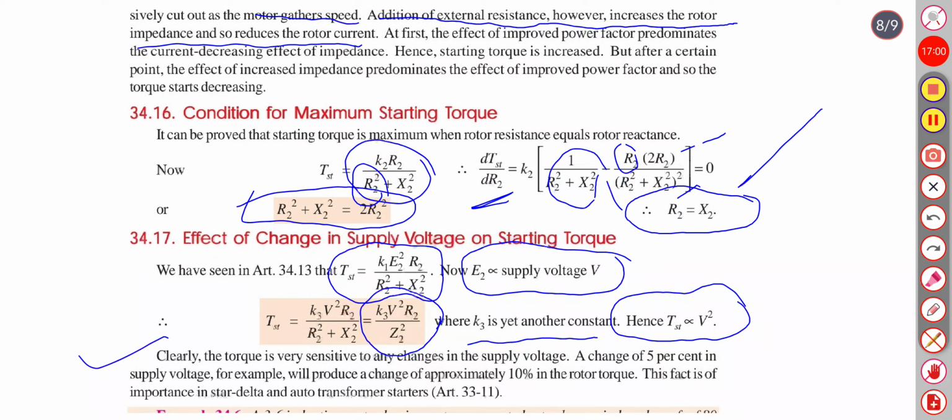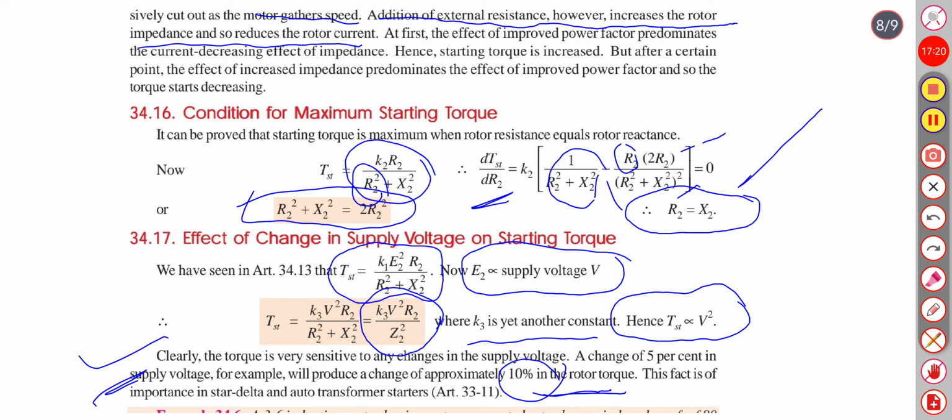So clearly, the torque is very sensitive to any changes in supply voltage. A change of 5% in the supply voltage will produce a change of approximately 10% in the rotor torque.